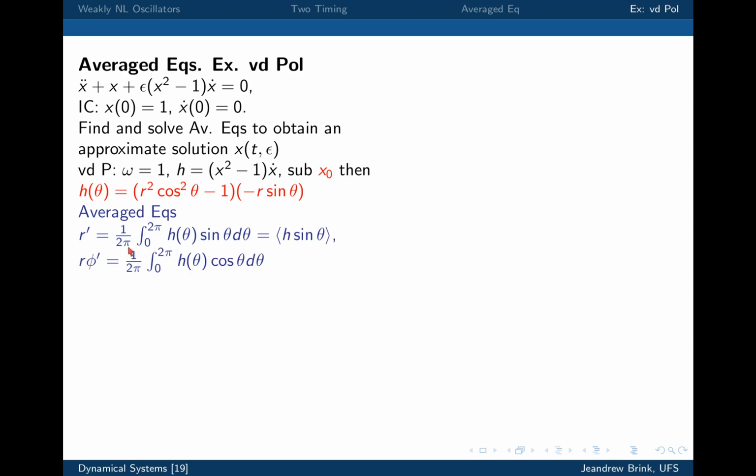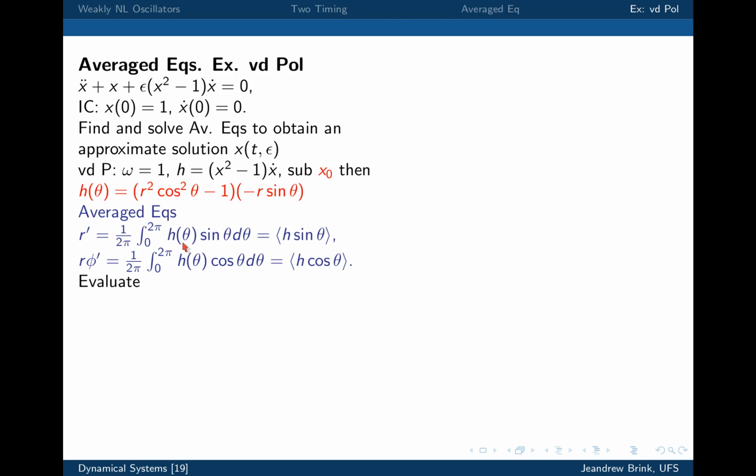And the second averaged equation is r phi prime equals 1 over 2 pi times the integral of h of theta times cos theta. And so all that's actually required to figure out what r is, is to evaluate this integral. You can see that h of theta has functions of theta as well as functions of r, but the integral is only over theta.